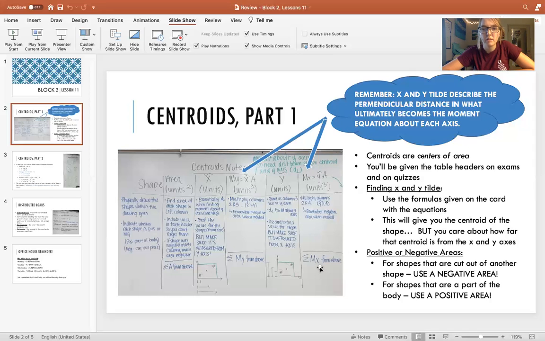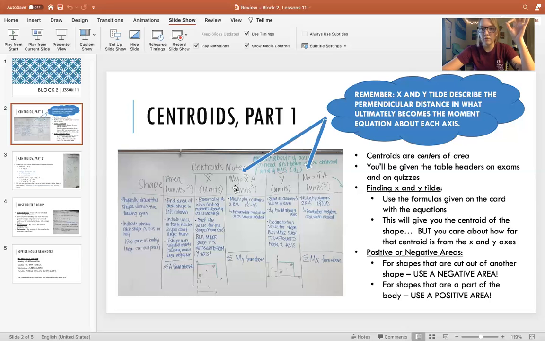The formula for a moment is force times perpendicular distance, which tells you how much a force causes something to rotate. We're wondering how much the area will cause it to rotate. So instead of perpendicular distance times force, it's perpendicular distance times area. Other than that, it's the same thing.